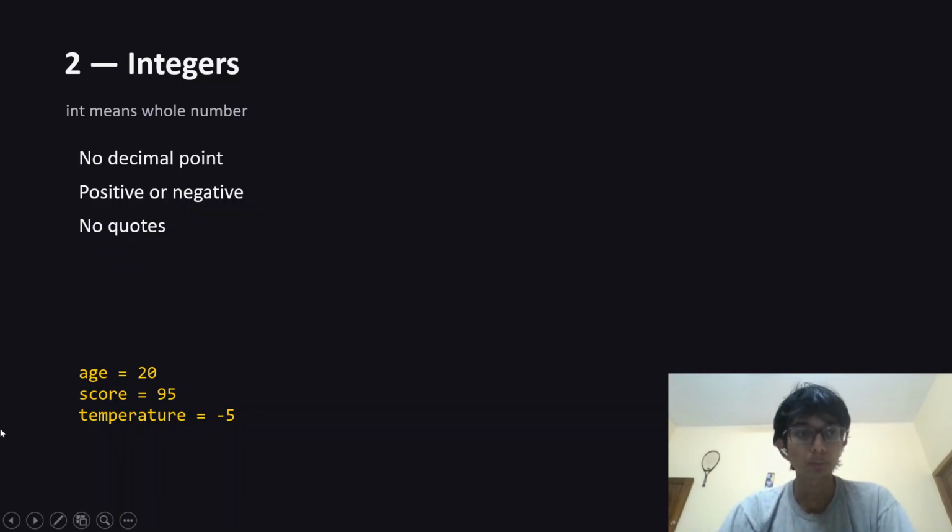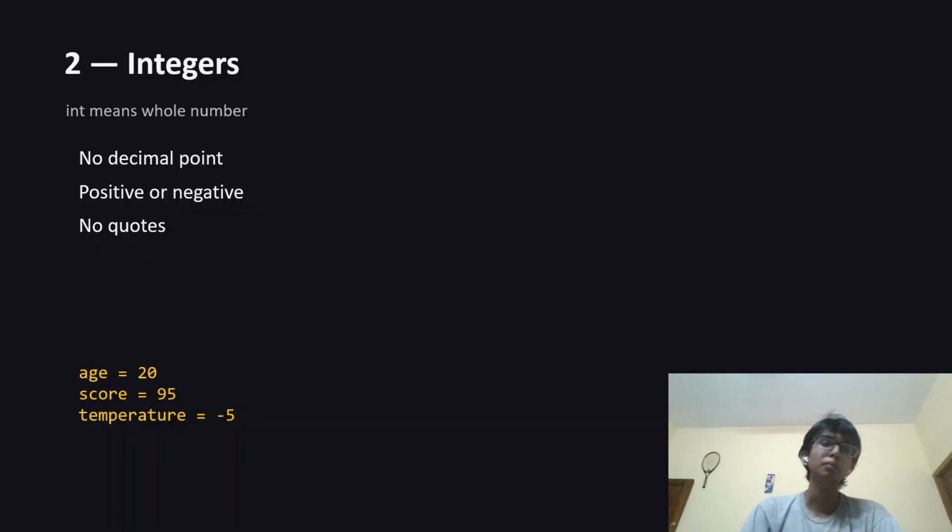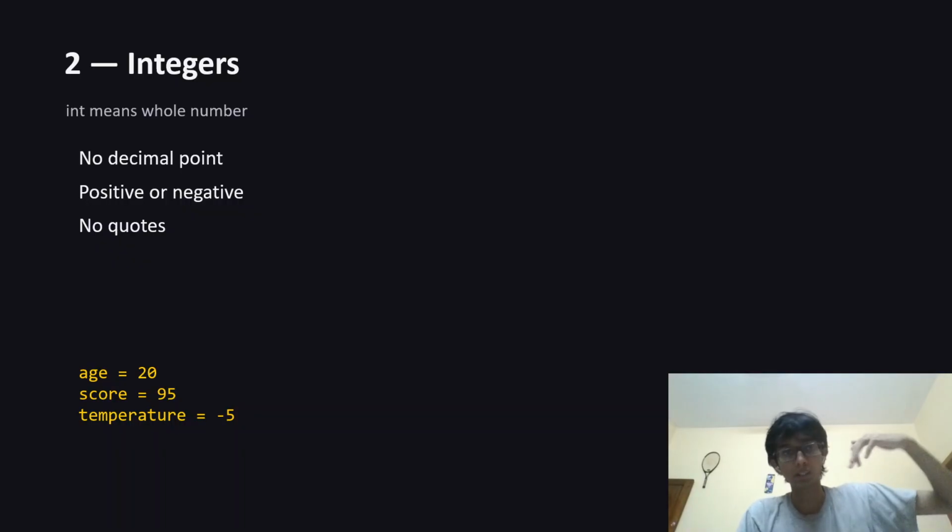So integers have no decimal points, and they can be positive or negative. Floats can also be positive or negative, but integers can be positive or negative too, because at the end of the day, we are talking about whole numbers that don't have a decimal point. Numbers can go from positive infinity all the way to negative infinity.